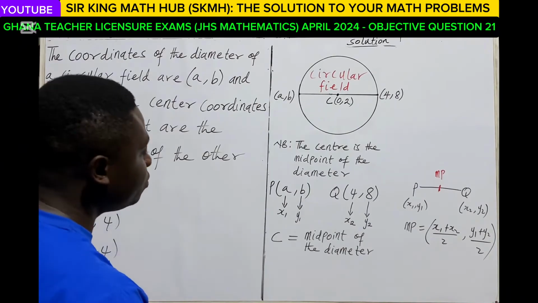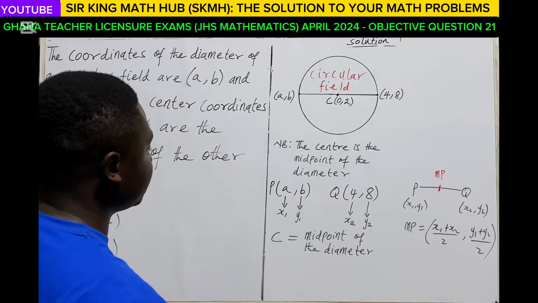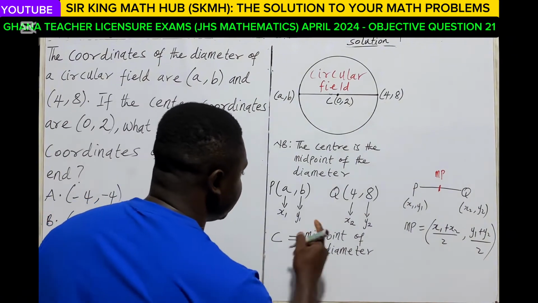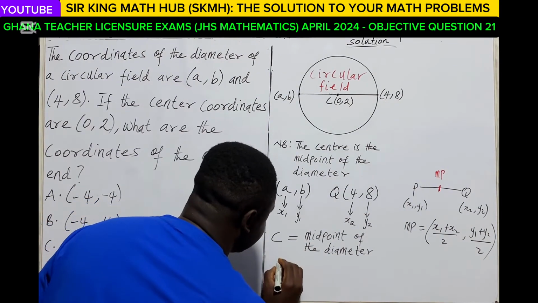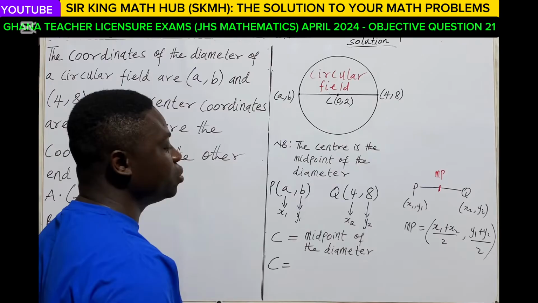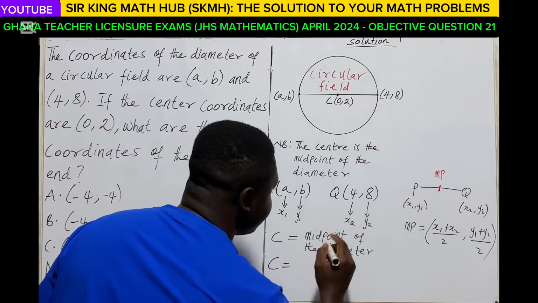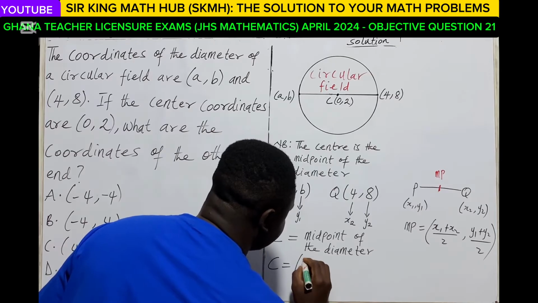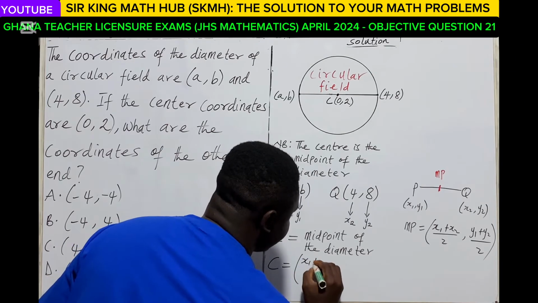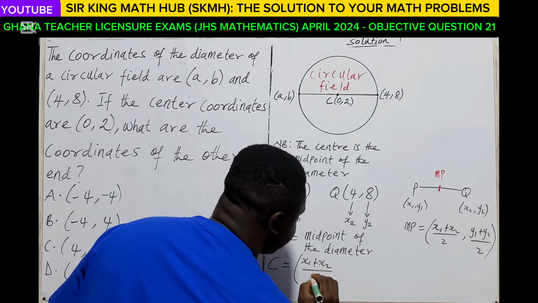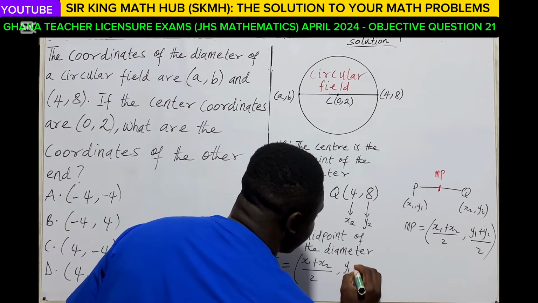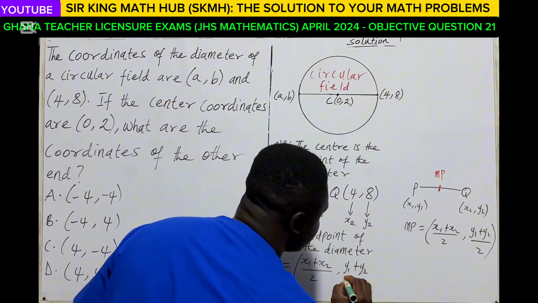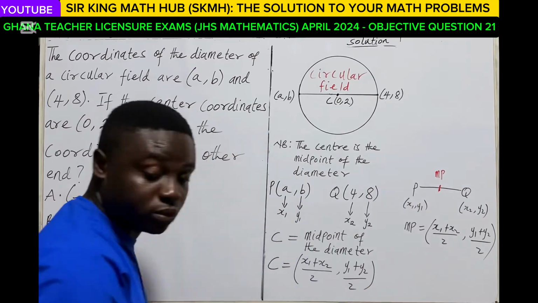So with this, let's create the formula. You can see that C is equal to the midpoint, we have the formula x1 plus x2 divided by 2, and then y1 plus y2 divided by 2.